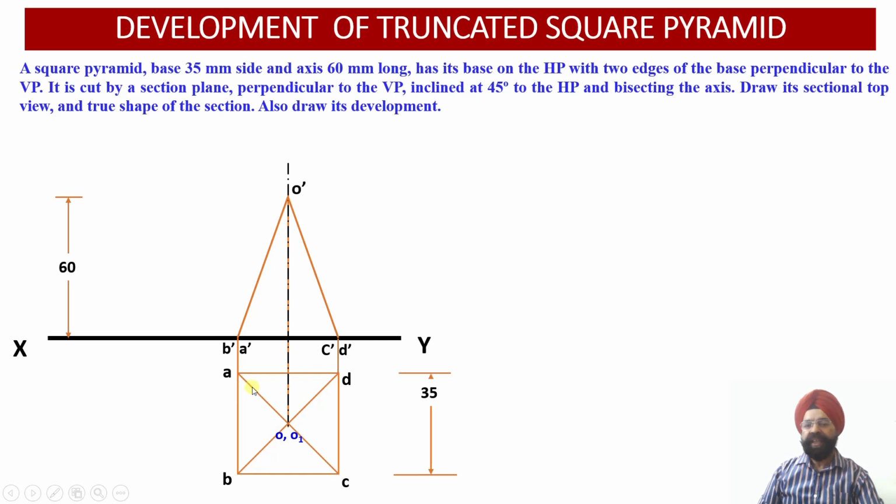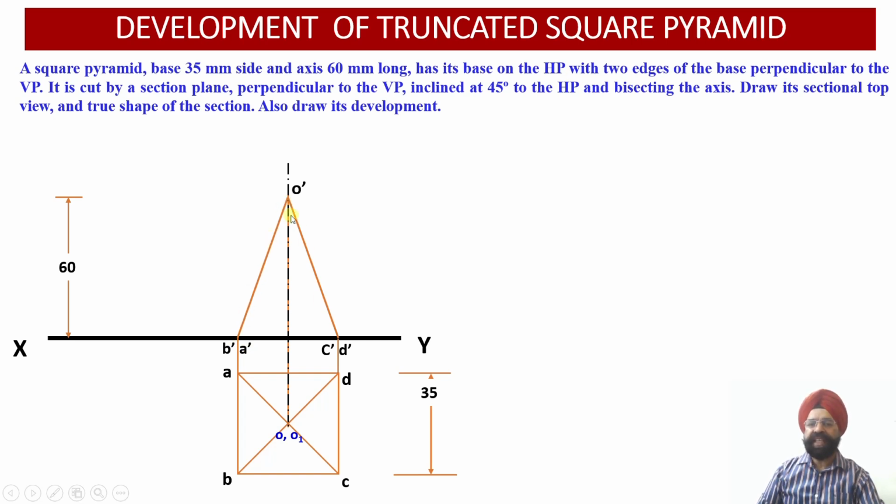Corresponding to the slant edge OA, the projection O dash A dash should have been dotted, but the projections of O dash A dash, which are dotted or hidden line, are superseded by the dark line or solid line projections corresponding to OB. That is why we get a solid line projection over here corresponding to O dash B dash, overlapping the dotted line or hidden line projections corresponding to O dash A dash.